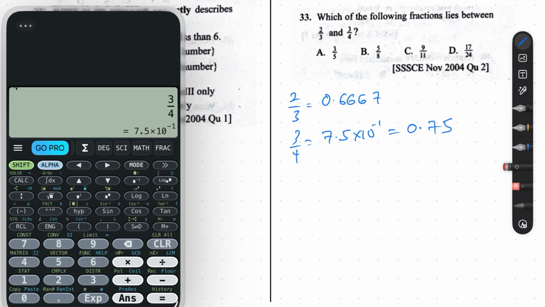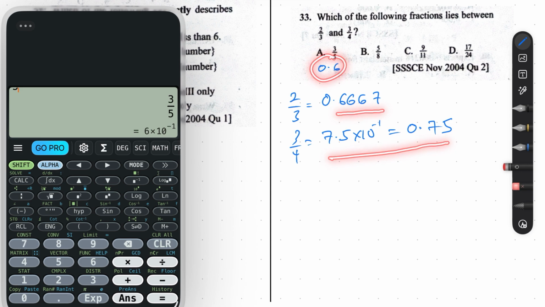So let's start with A. Let's look at our calculator and see if 3/5 is 0.6. So let's write that down, 0.6. Is 0.6 between 0.67 and 0.75?